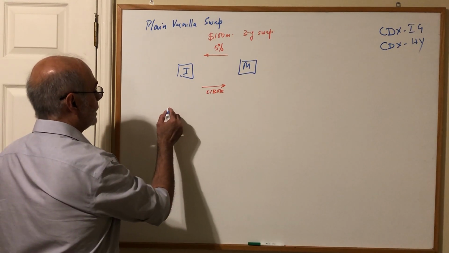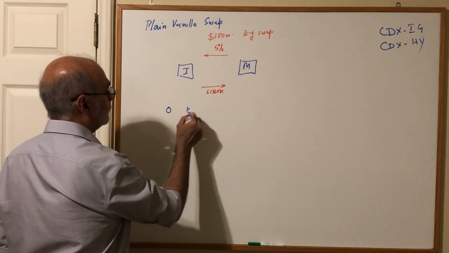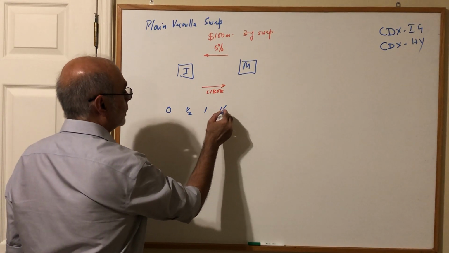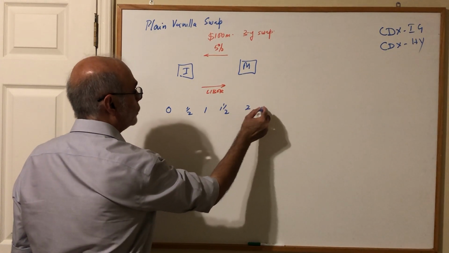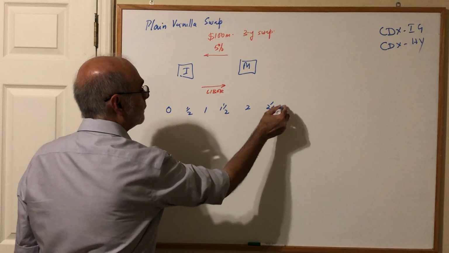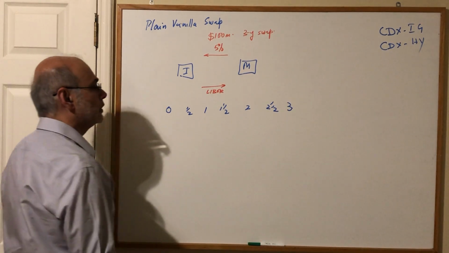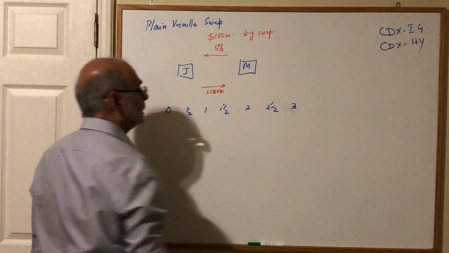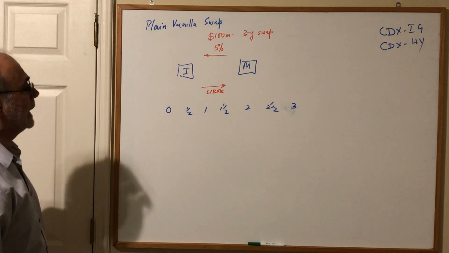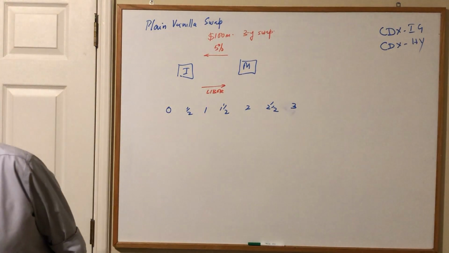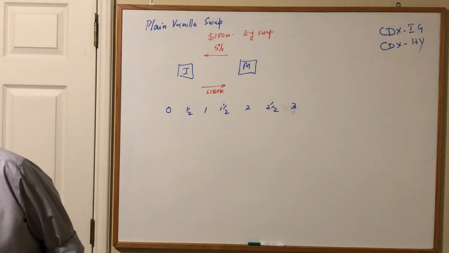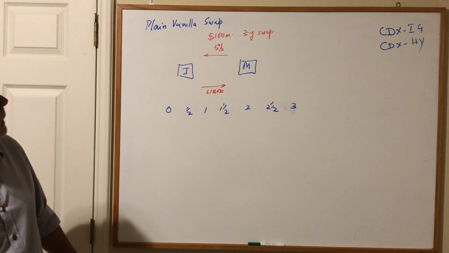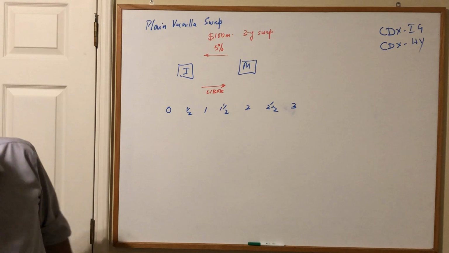So this is 0, 1/2, 1, 1.5, 2, 2.5, 3. So that's 6 intervals of 6 months. And let's look at this from Microsoft's point of view. Microsoft pays.